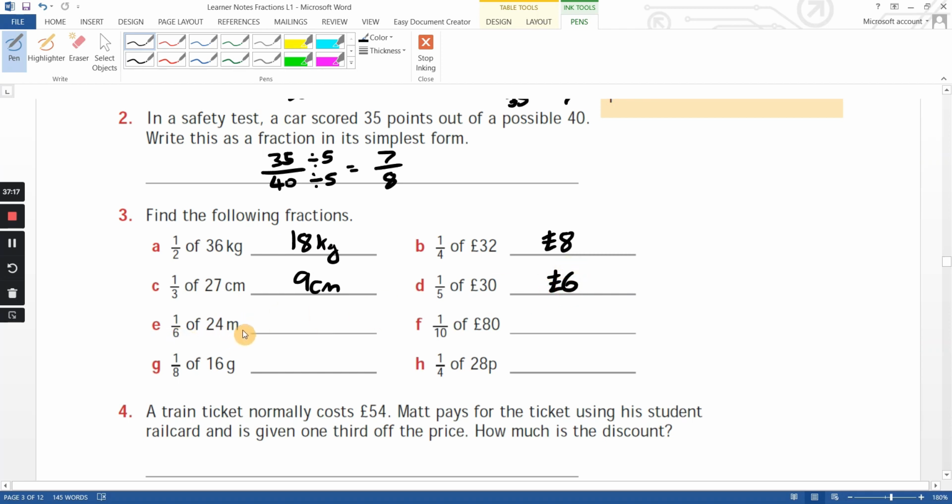A sixth of 24 meters, that's going to be 4 meters. A tenth of 80 pounds. How many tens go into 80? That's going to be 8. An eighth of 16 grams. How many 8s go into 16? That's 2. And 28 divided by 4 is 7. That's going to be pence.